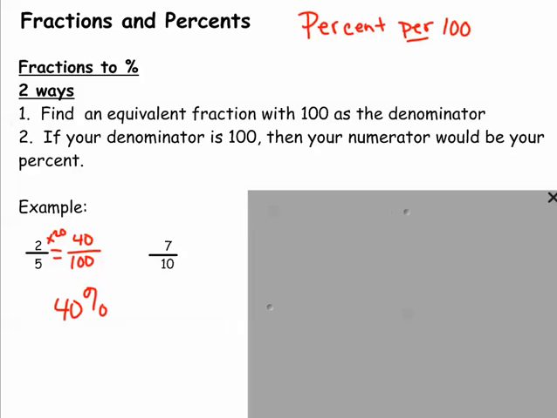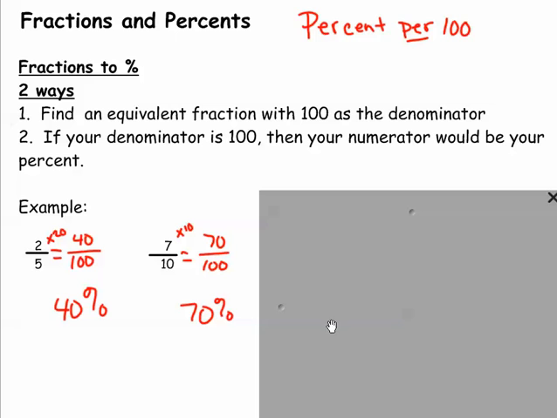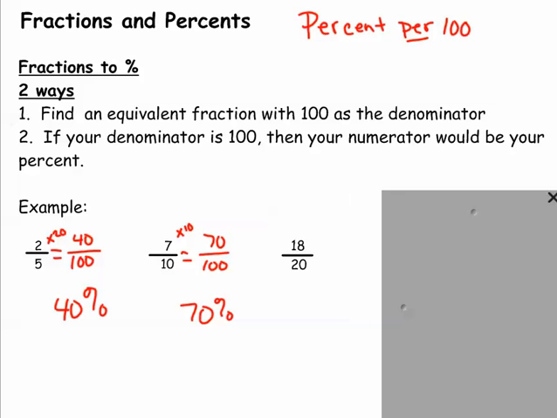All right, let's give another example. 7/10. So you want to look, can I get a denominator of 100? 10 times 10 is 100. So if I multiply the top by 10, that gives me 70. So 70 out of 100 percent, that's just 70%. All right, so 18 over 20, can I get a denominator of 100? 20 times 5, so multiply the top by 5, and that gives me 90.